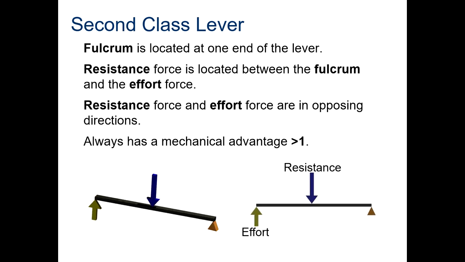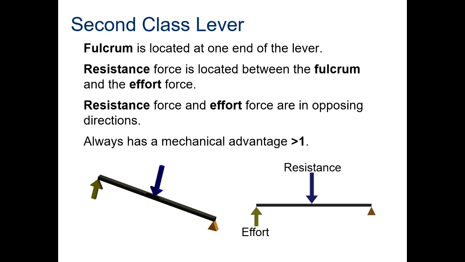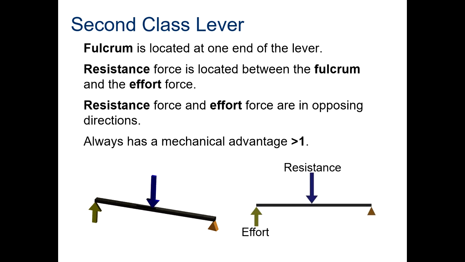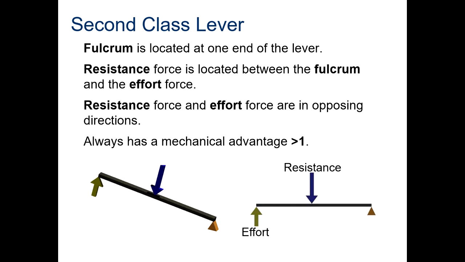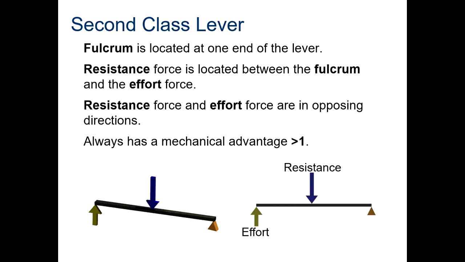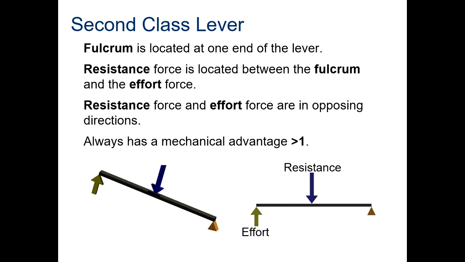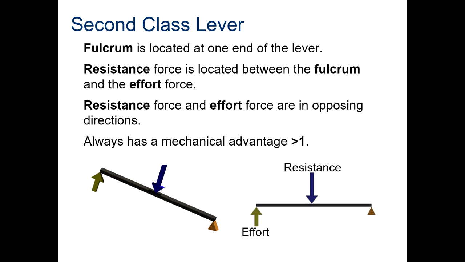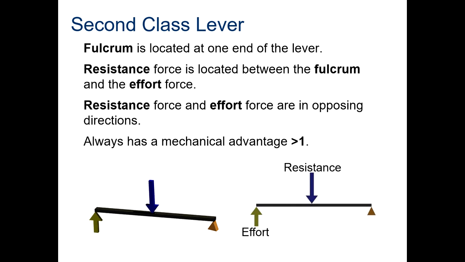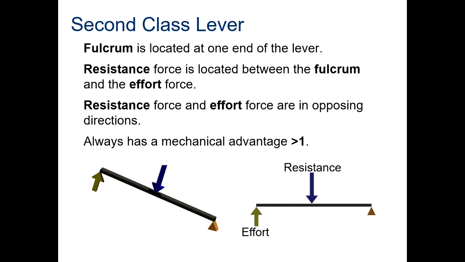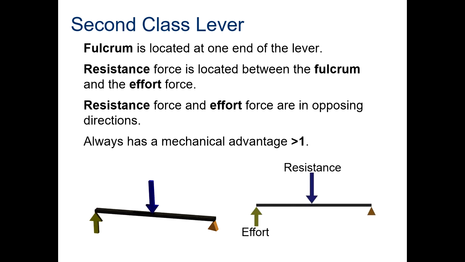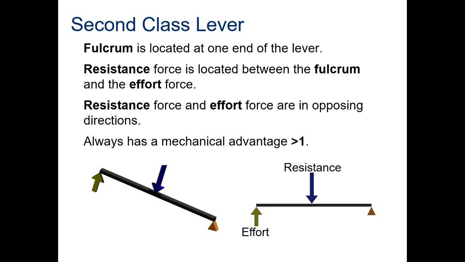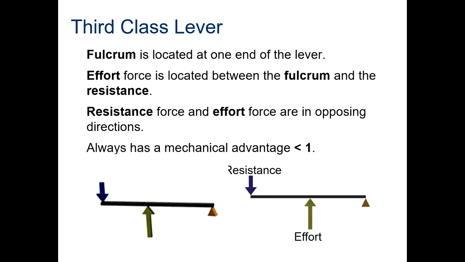All right, now the second class lever, our resistance is between the pivot point and the effort. Okay, this one will always have a mechanical advantage of greater than 1. It doesn't matter where we put it along there. The closer it is to the pivot point, the greater the mechanical advantage, but it's always going to have a mechanical advantage of greater than 1.